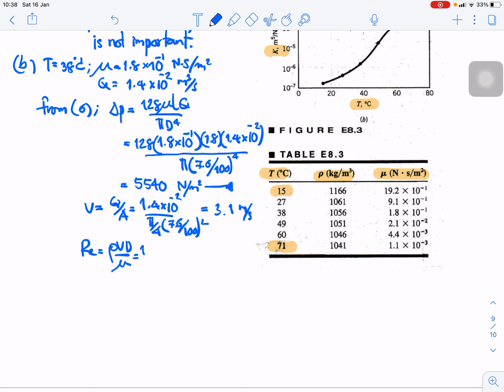From the table, for 48 degrees, the density is 1056, and this is the viscosity. So we put density times velocity times diameter divided by viscosity. It is 1,300, so we prove that it is less than 2,100, which is laminar flow.